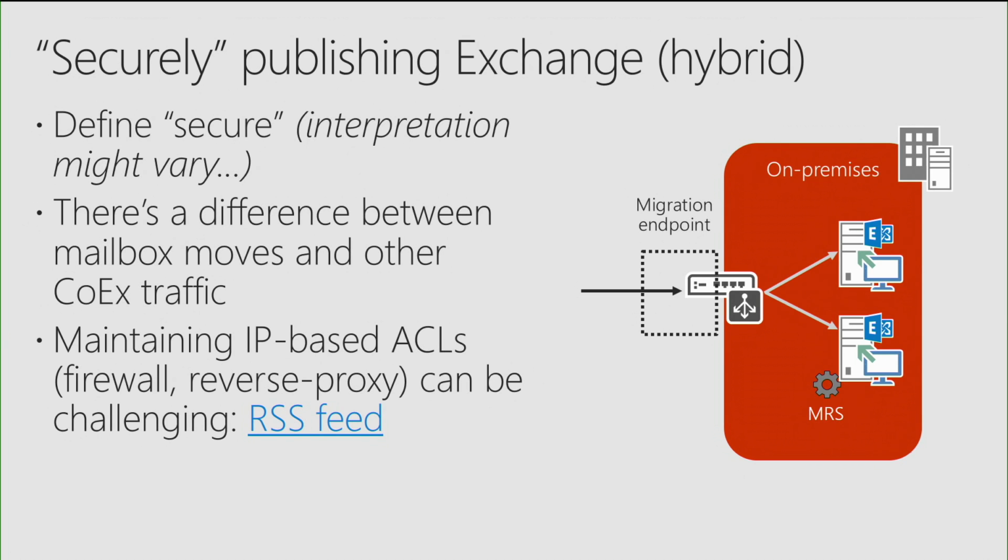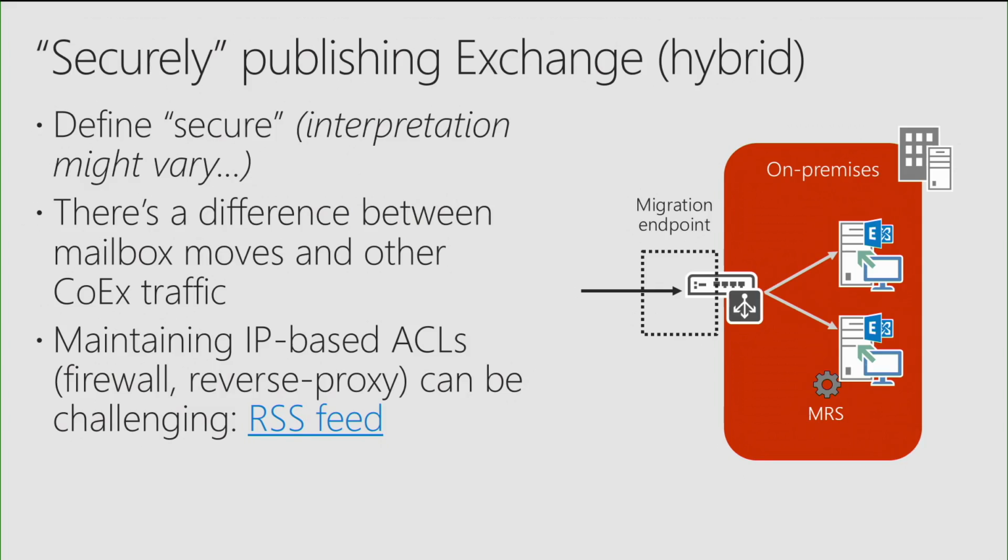Important to understand that if you do decide to do that, be very aware of the documentation that we have around what those IP addresses look like and how often they change. They typically change on a monthly basis, and there is an RSS feed available so that you can be aware of what those changes look like and proactively update the ACLs on your firewalls and reverse proxies.